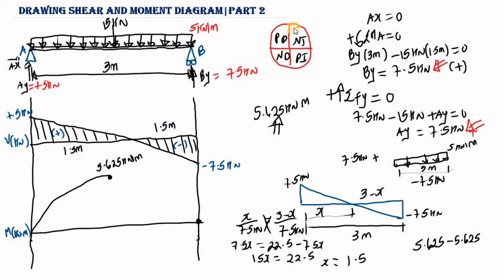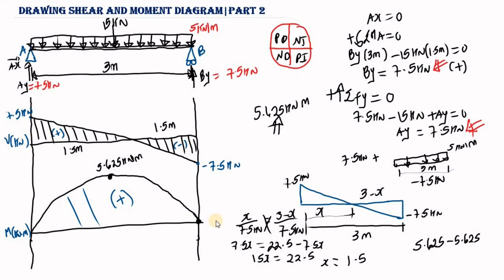If you take a look at this negative increasing, the slope is going to look something like this. So meaning it is going to look something like this. So we're going to connect this using this curve. So this is going to be the value. Here we are having a positive bending moment. As you can see, we started from 0, we ended up at 0.